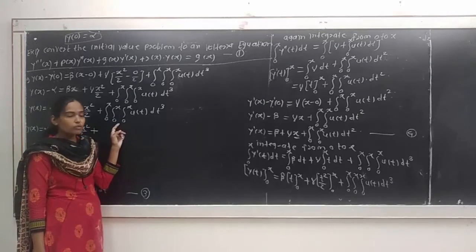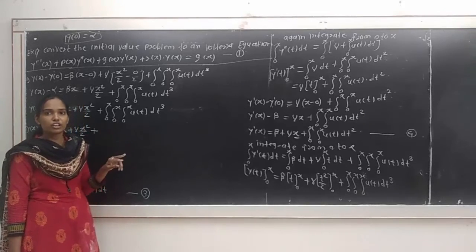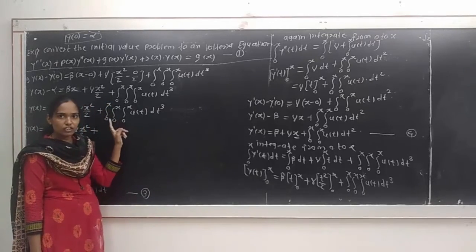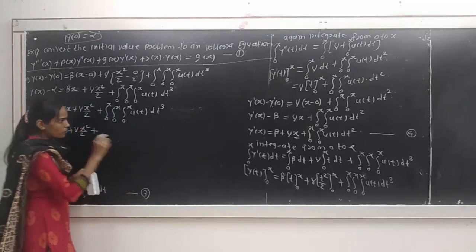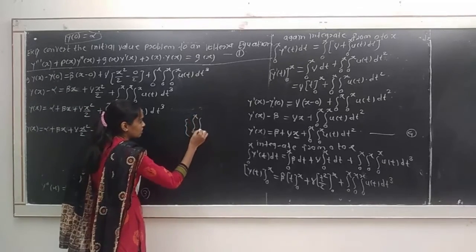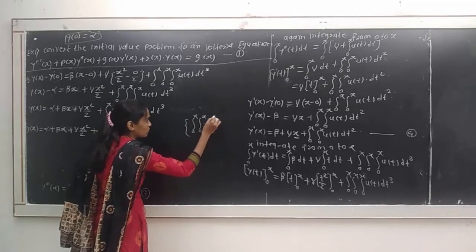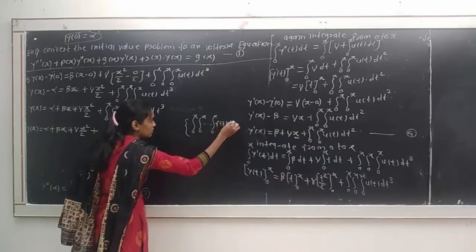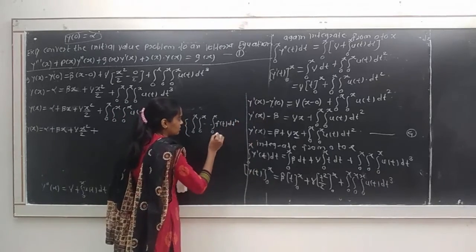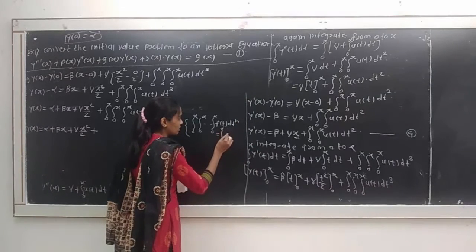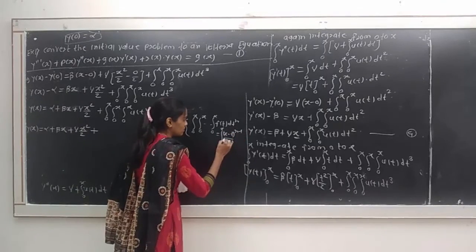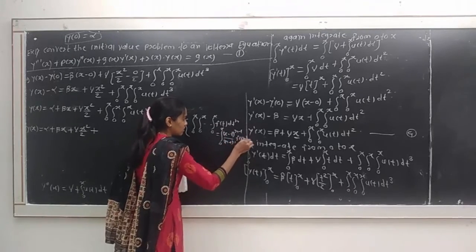Then by using the formula for conversion of a multiple integral into a single integral for n equal to 3, we can convert this triple integral into a single integral, that is by using this formula: the integration from 0 to x, from 0 to x, 0 to x of f of t dt raised to n is equal to the integration from 0 to x of x minus t raised to n minus 1 divided by n minus 1 factorial times f of t dt.